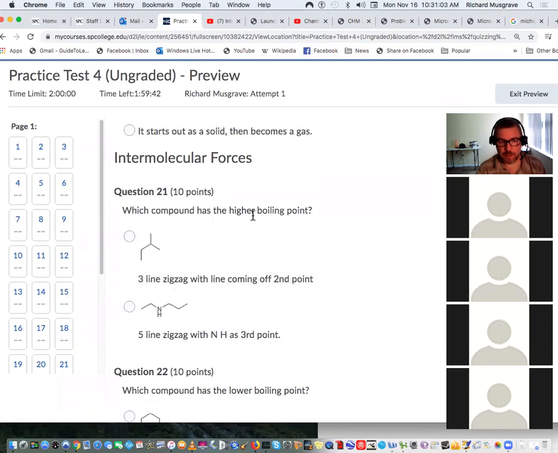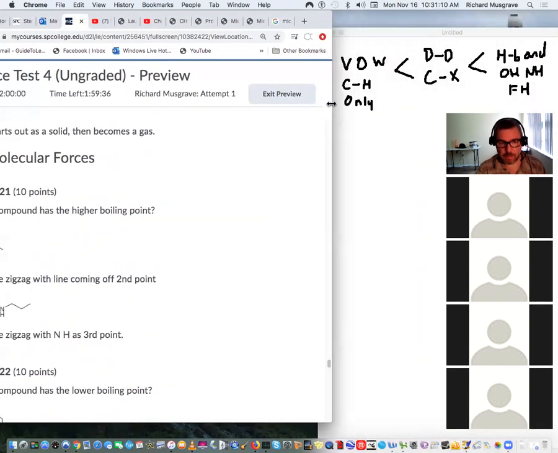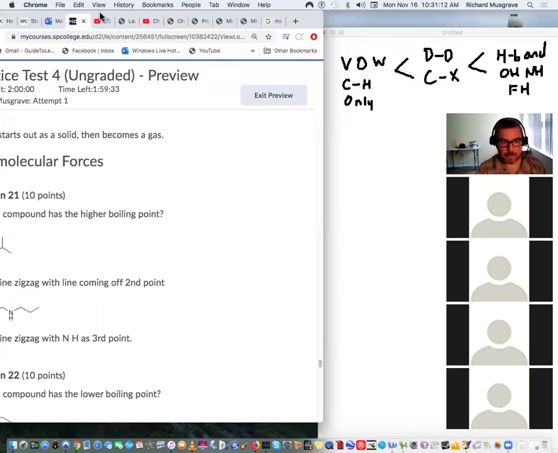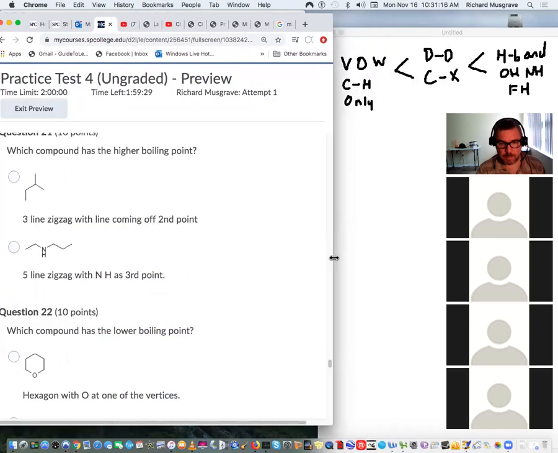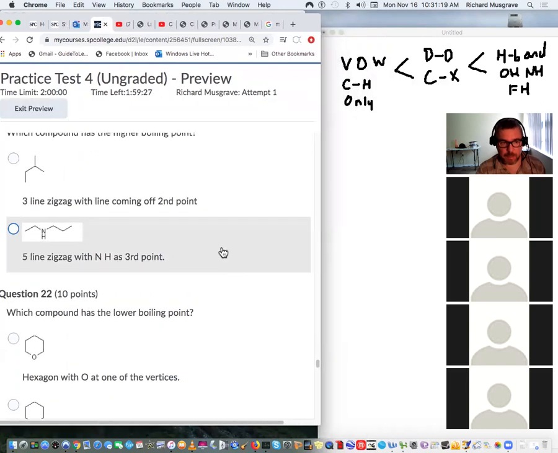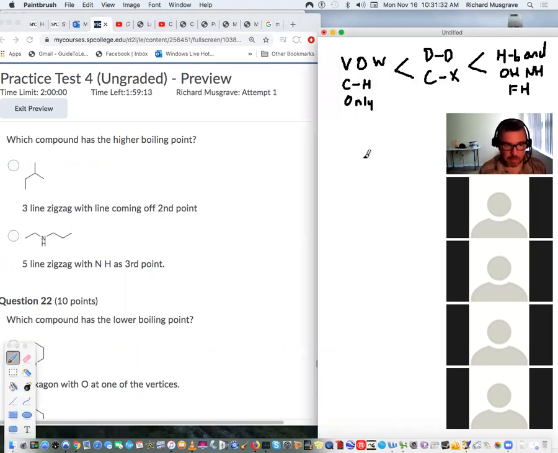All right, so it's asking here which compound has the higher boiling point. When you're looking at this, I want you to remember what I told you earlier. When you've just got this kind of situation, which is just lines, then you can assume that's all C-H. So I'd immediately be aware that the first one is van der Waals.